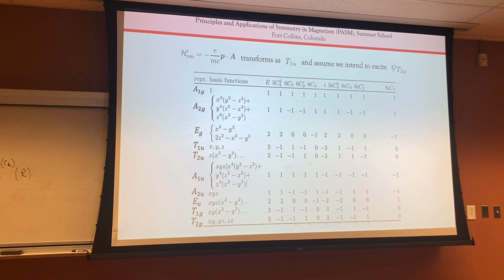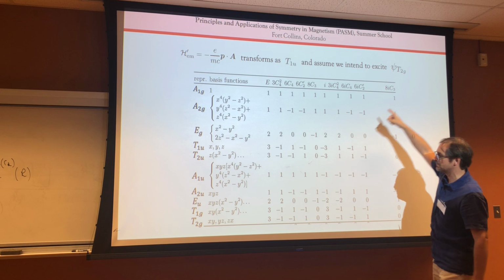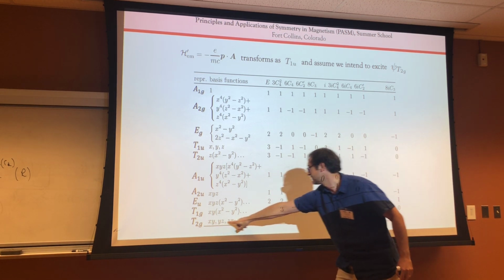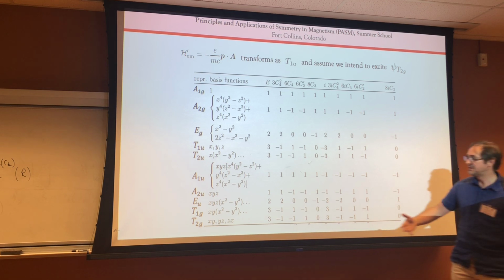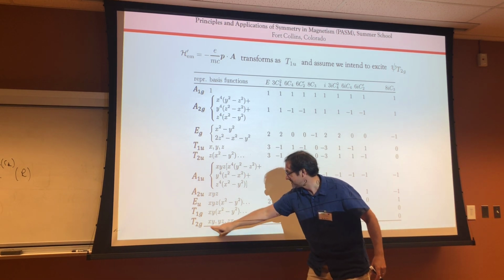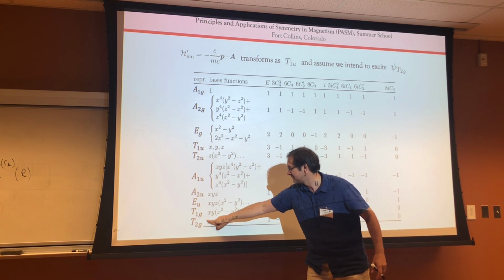operations. And what we're going to say is that we start, for example, with a certain state that is at T2G. So T2G is here. It means that we want to excite a state that has this typical function.